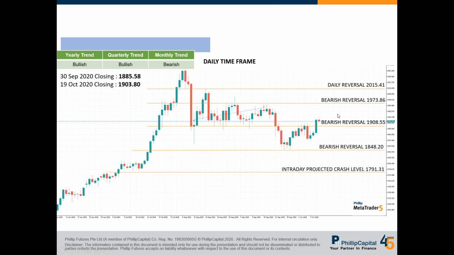Now, I observed that even though there's a sharp sell-off early in August, it actually stays supported for many, many weeks.